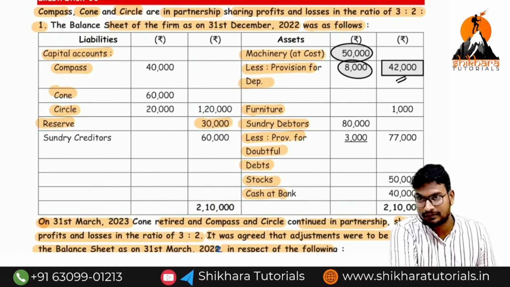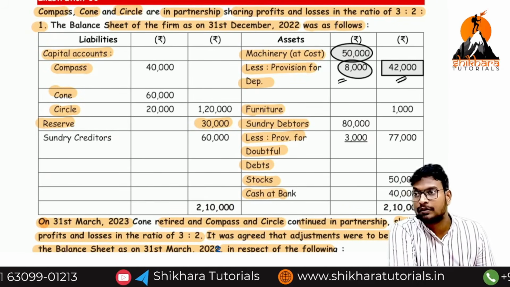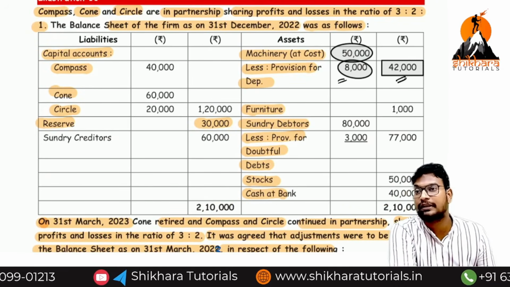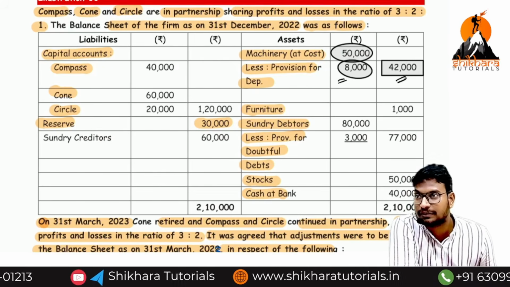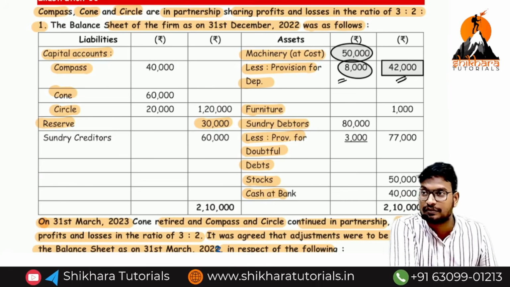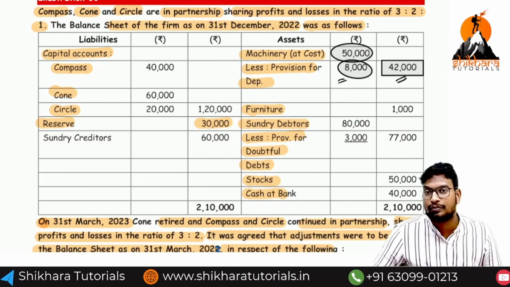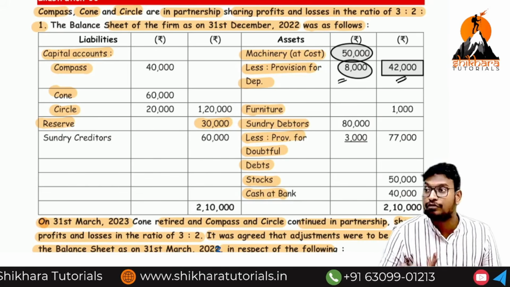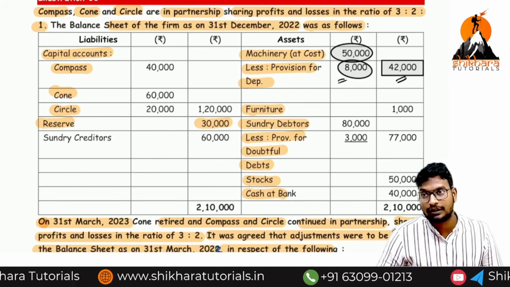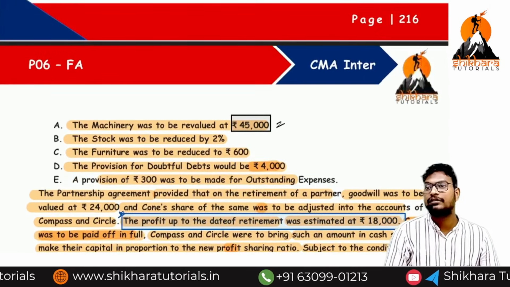That's why, wait a second. Sir, we know the meaning of provision account. Provision means nothing but accumulated depreciation. Provision for depreciation, accumulated depreciation. Up to now, what is the total depreciation of the machinery? 8,000. So cost minus depreciation, what do we get? Book value. Book value is equal to 42,000. We are going to revalue it at how much, amma? 45,000. Upward revaluation or downward revaluation?